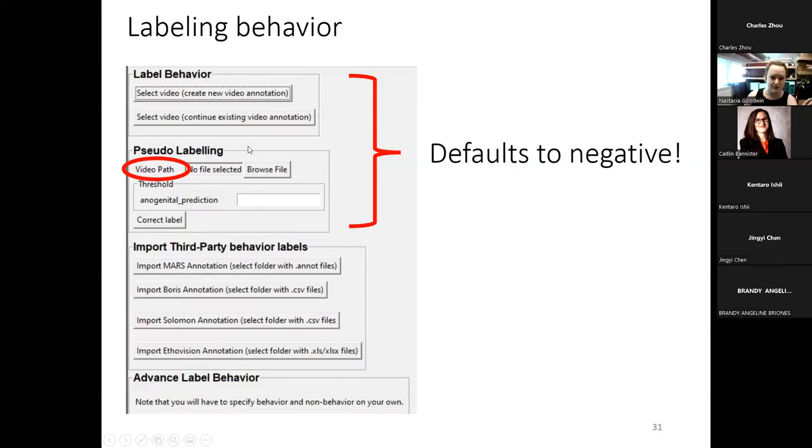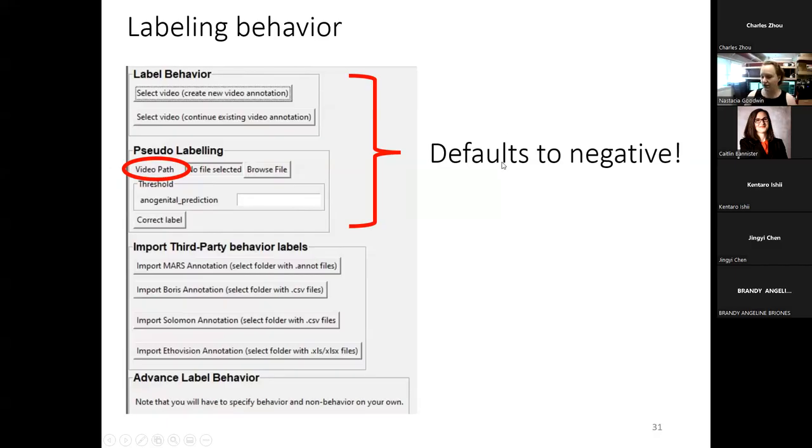A couple of other things about the GUI are really important. Make sure that you are looking at what file you need to put in here, because it's a combination of adding either the video path or the feature files, and we get a lot of people who have errors they can't get past just because they're putting the wrong thing in here.